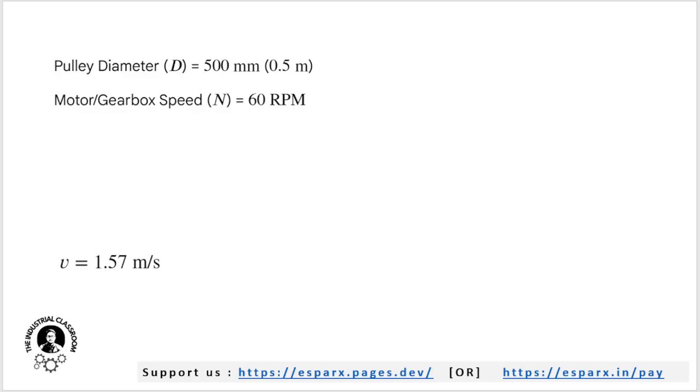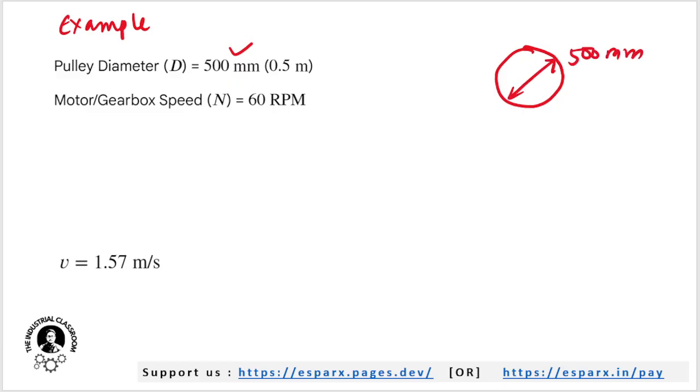Now let us take an example. If the pulley diameter is 500 mm, or we can say 0.5 meter, then the motor or gearbox speed is 60 rpm.